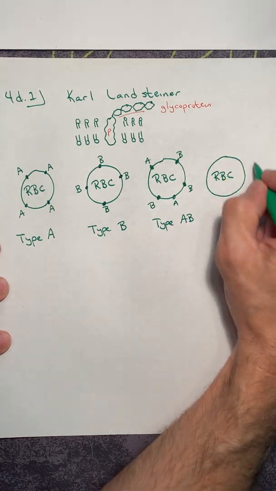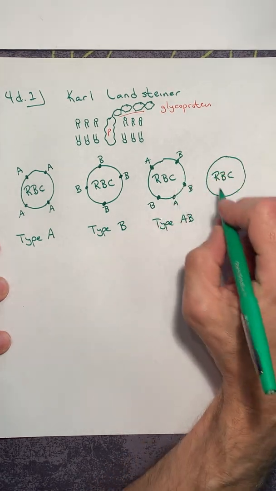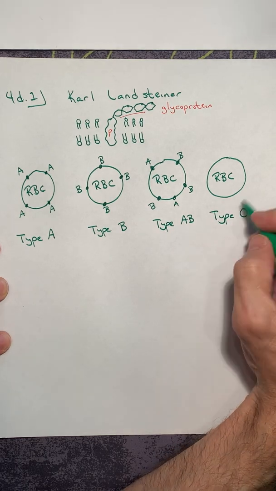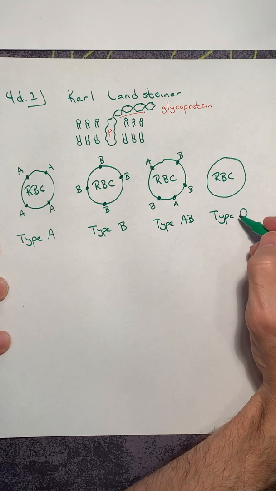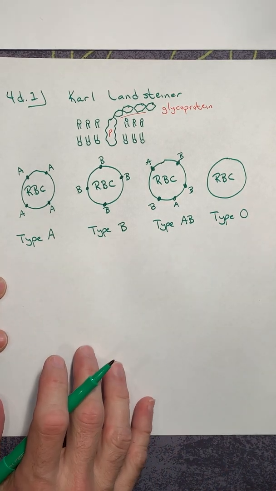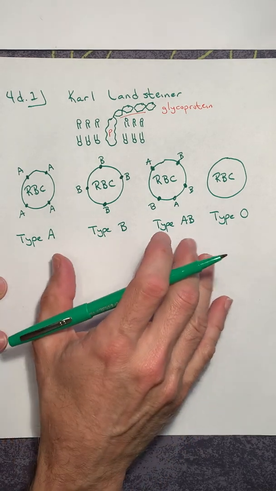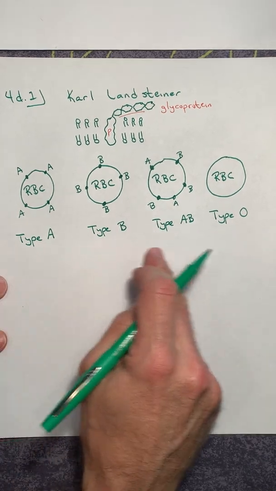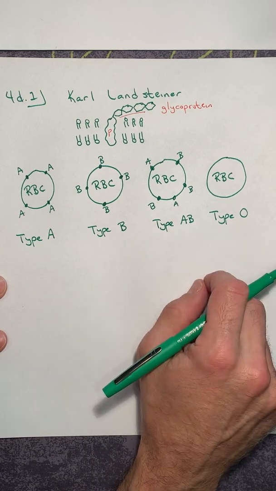So they didn't express either of these two glycoproteins, and so he called them type O. It's actually 0, but people call it type O. So one of the most popular ways to classify blood, and there are others, but the most popular way to classify blood is the classic type A, type B, type AB, and type O blood types.